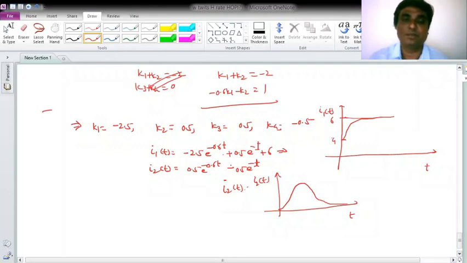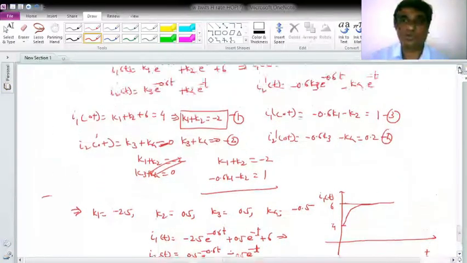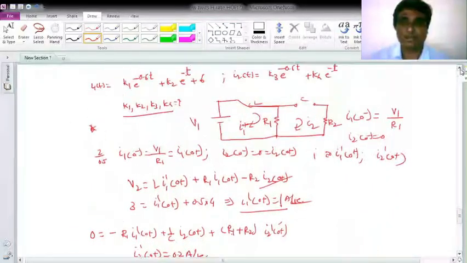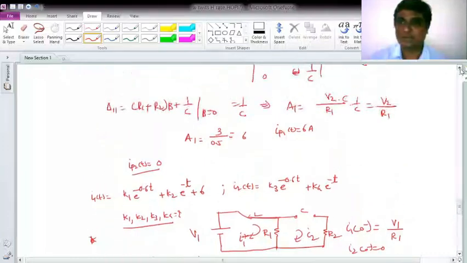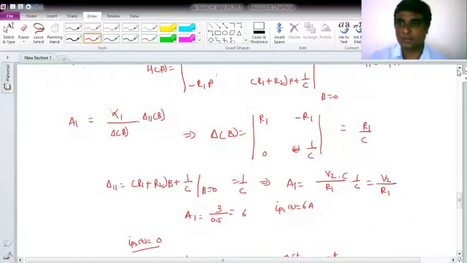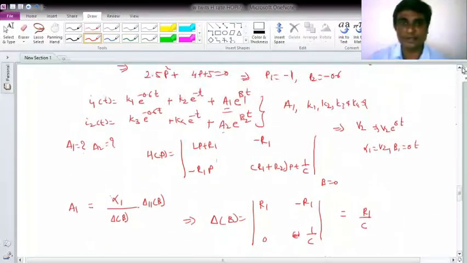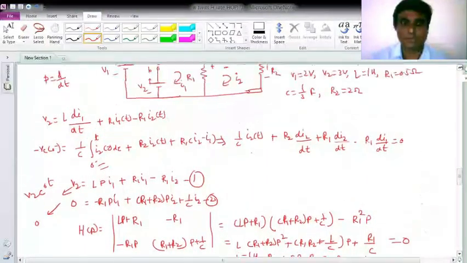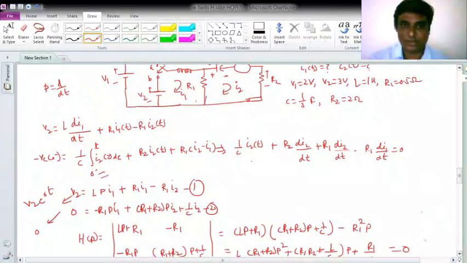Okay, so if there is more than one mesh, then you may get 2 or 3 simultaneous equations, right? And how to solve it, let us explain that way. So you write the equations for each mesh.